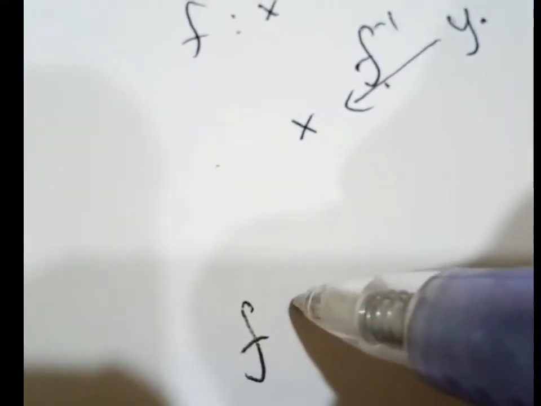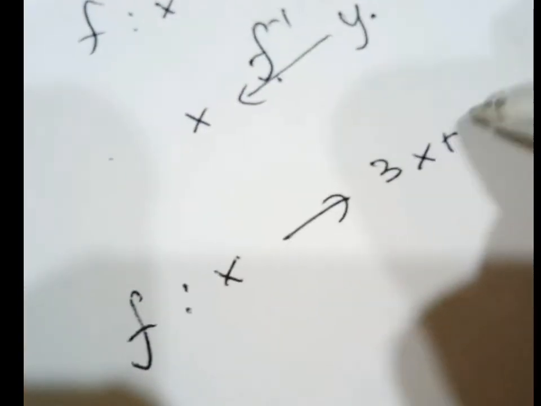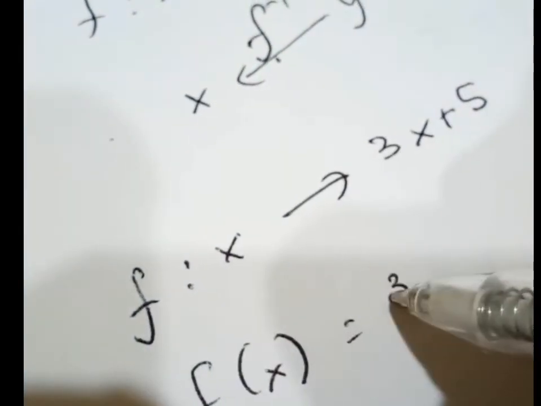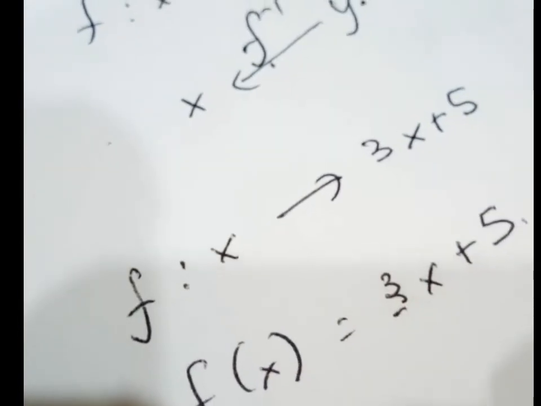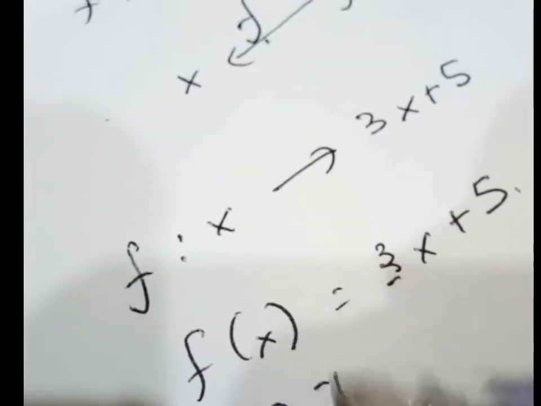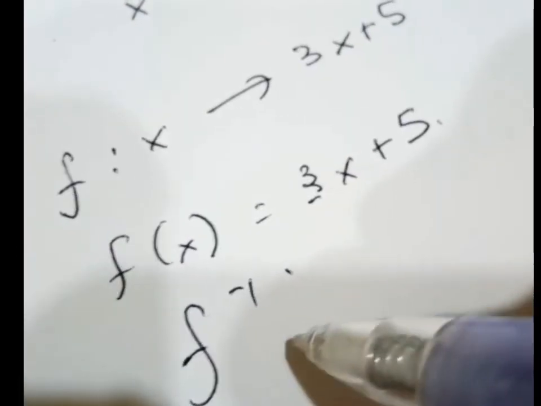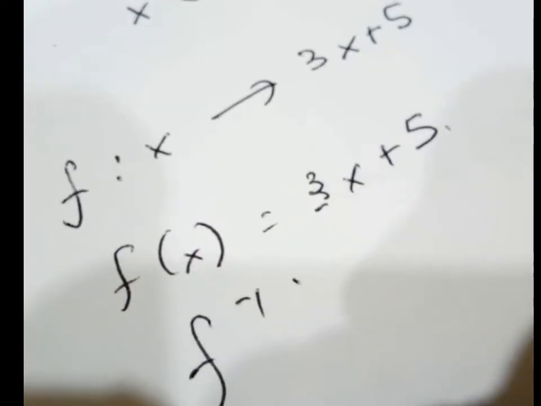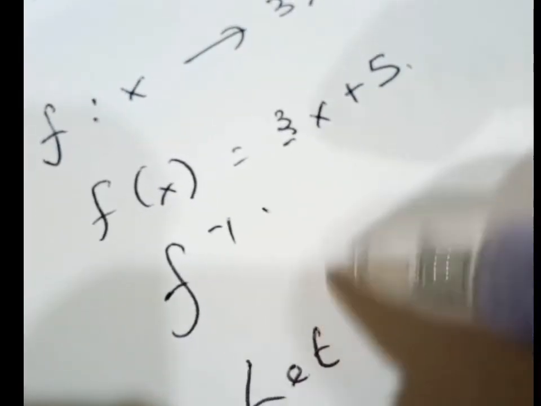Okay, for example, given f: x is assigned to 3x plus 5, which means that f of x is 3x plus 5. Now find f inverse. In order to find f inverse, this is how we find an inverse function for f.